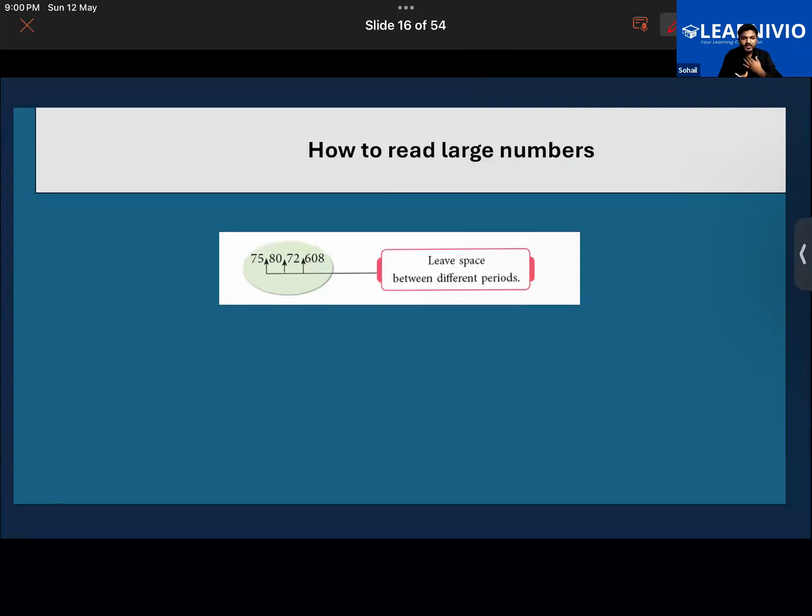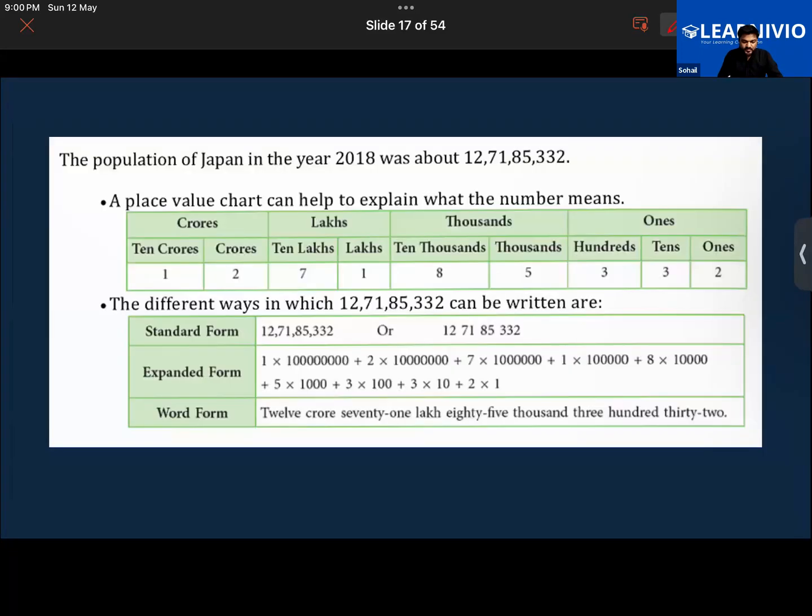Now here you need to understand this one thing. With the help of an example, let's try to discuss this. For example, the population of Japan in the year 2018 was as follows. With the help of the Indian place value chart, we can explain what the number means here. See how we have arranged it using the Indian numeral system, into different groups like this.